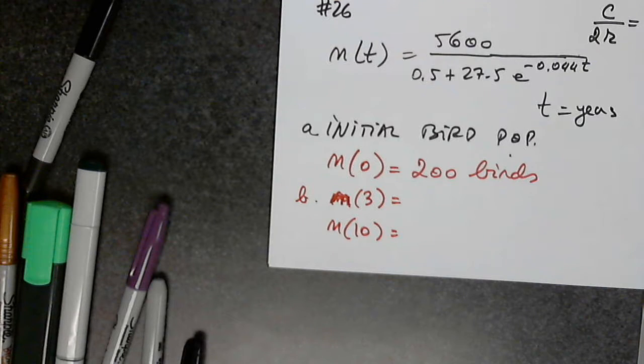So let's put it in the graphing calculator because we have to eventually graph it. In y equals, be very careful how you punch it in. In y equals, clear whatever you have.